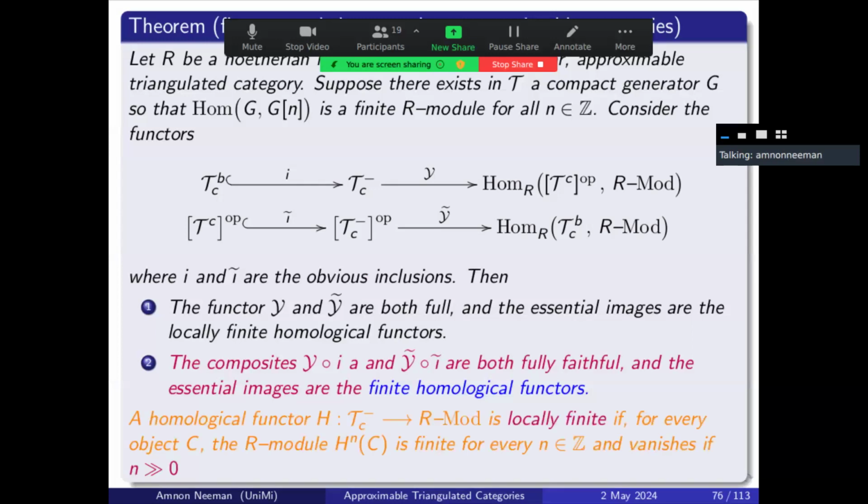And a homological functor is finite if for every object C, H^n of C is finite for every integer n and vanishes for all but finitely many n.